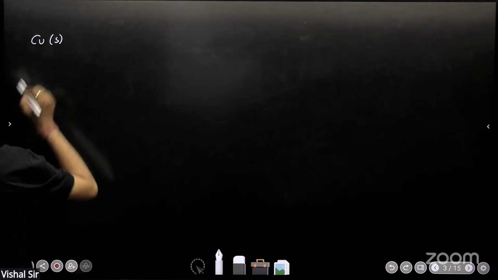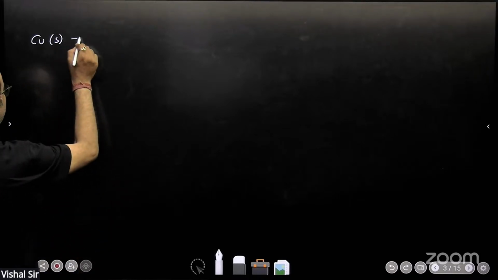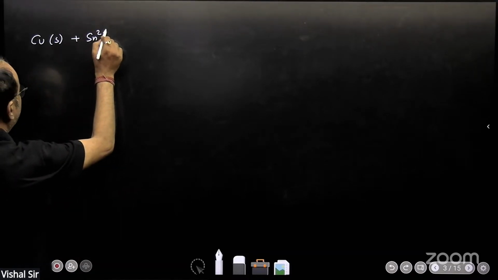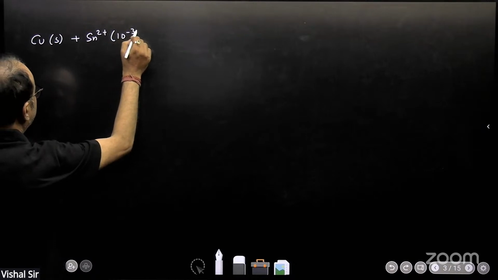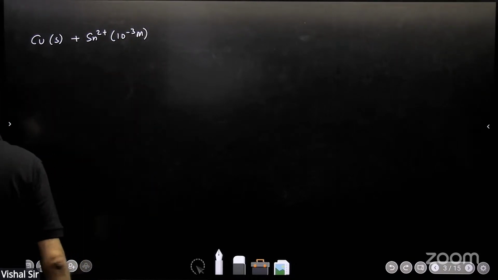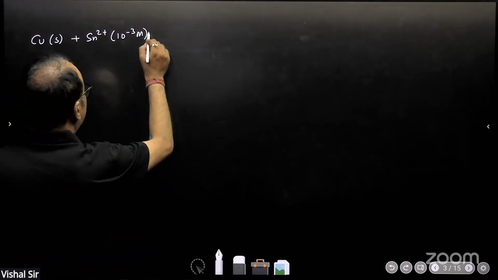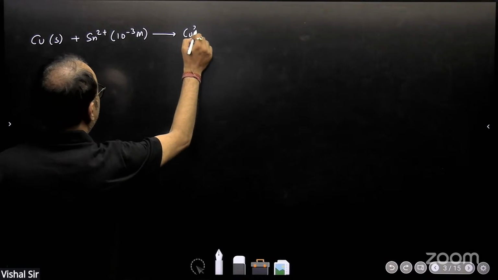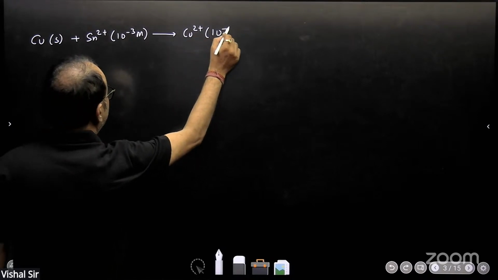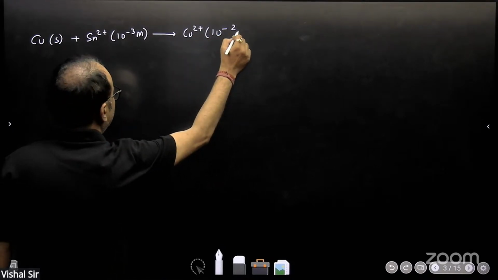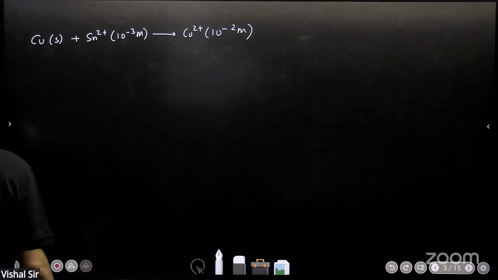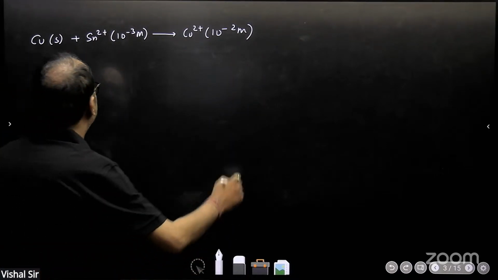Cu solid plus Sn2 plus 10 raised to minus 3 molar is going to Cu2 plus 10 raised to minus 2 molar and Sn.